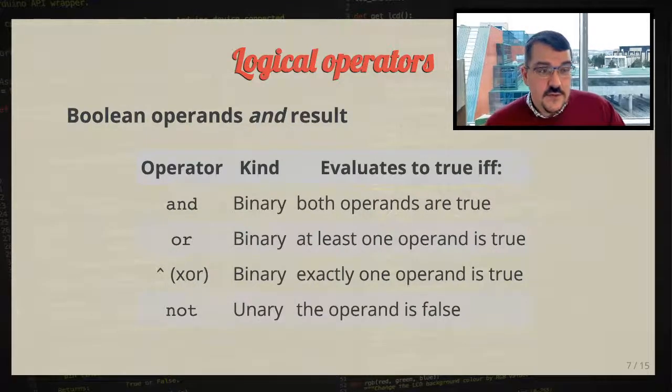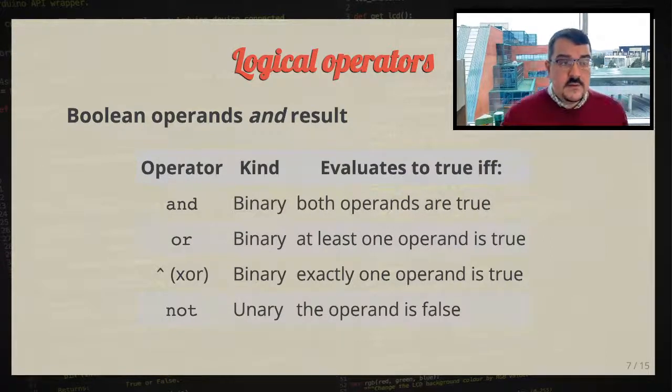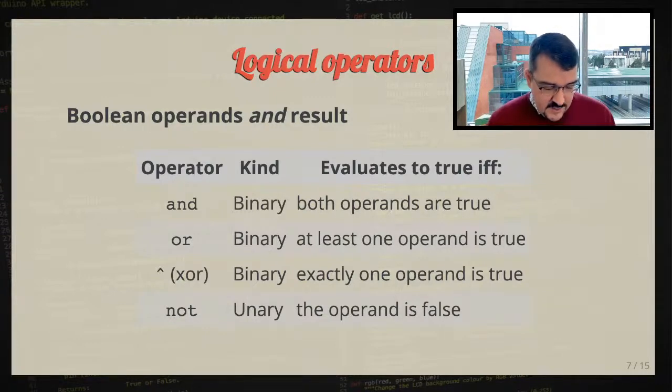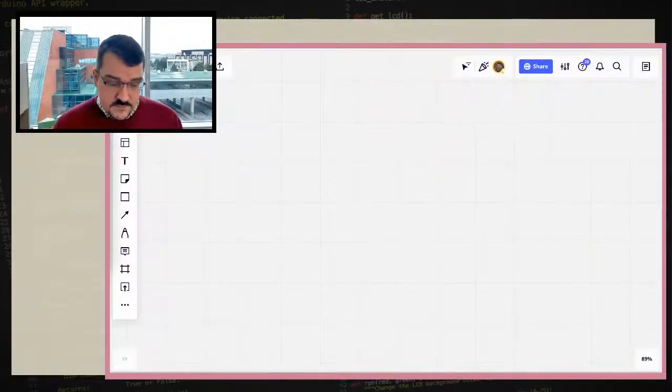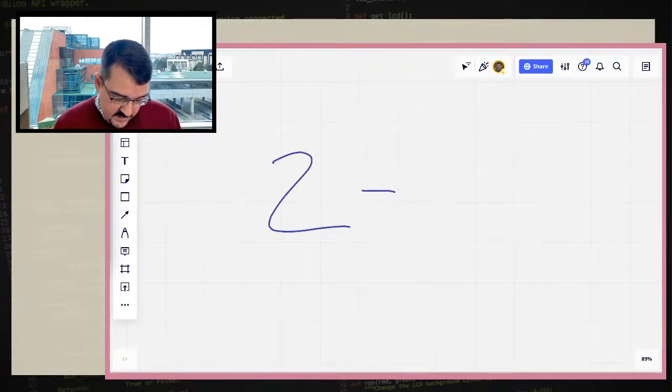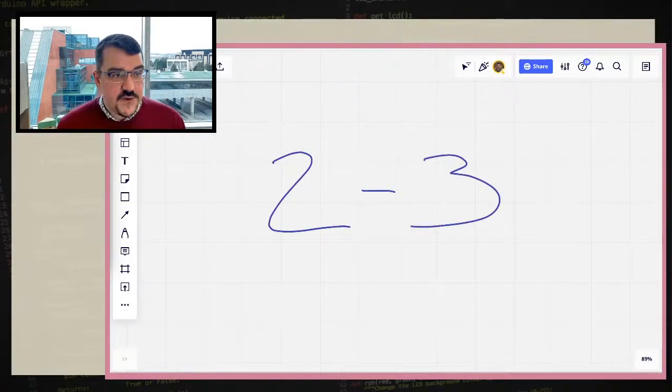Not is a unary operator. So that means it's an operator that takes one operand. Now, can you think of an example of a unary operator from the arithmetic operators? Here I will write down a binary operation, 2 minus 3.